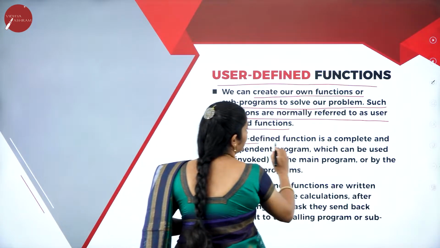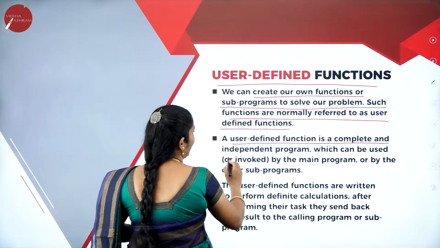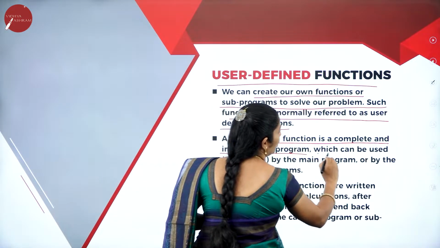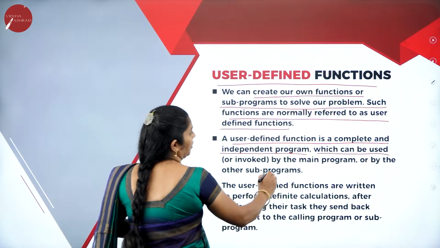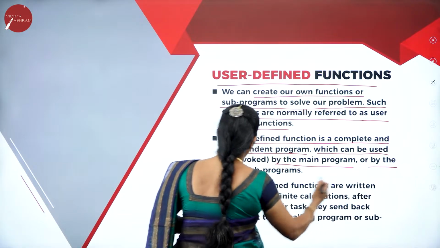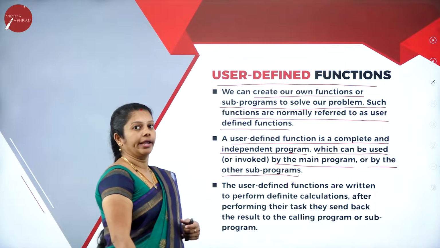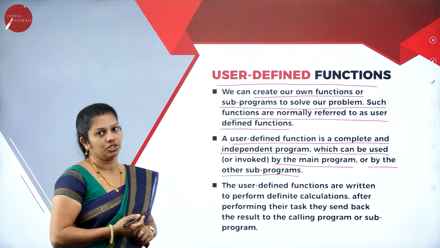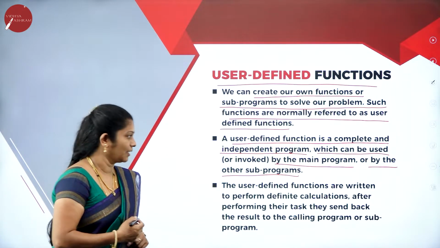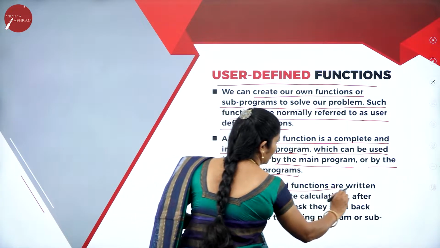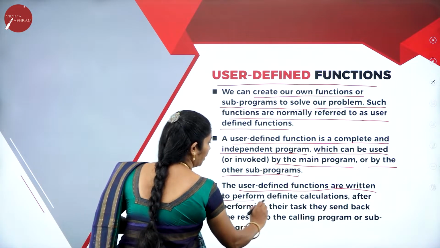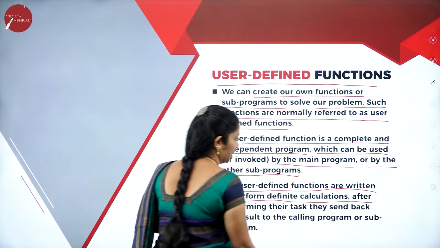A user-defined function is a complete and independent program which can be used by the main program or by another subprogram also. By invoking, we can call those functions. We can use those functions here. The user-defined functions are written to perform a definite calculation.